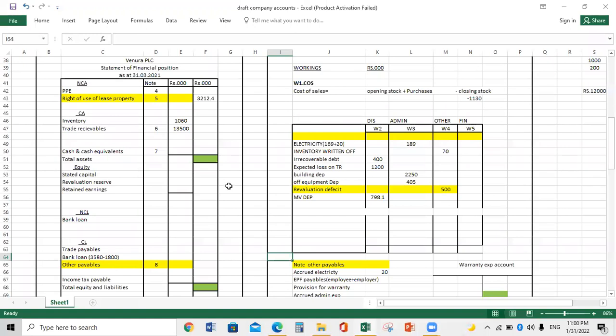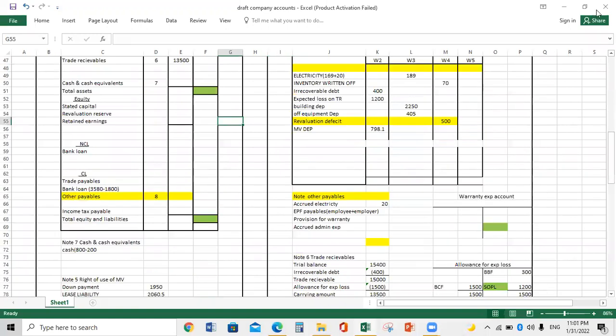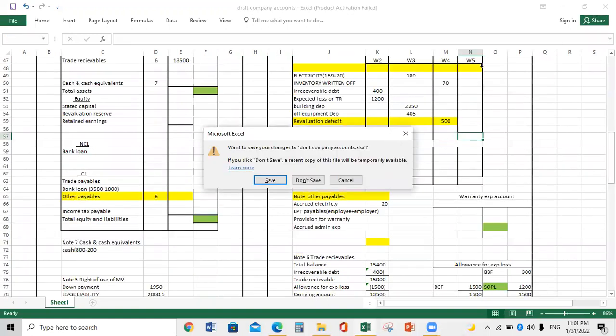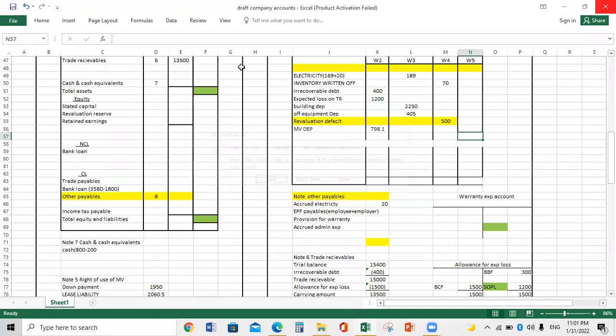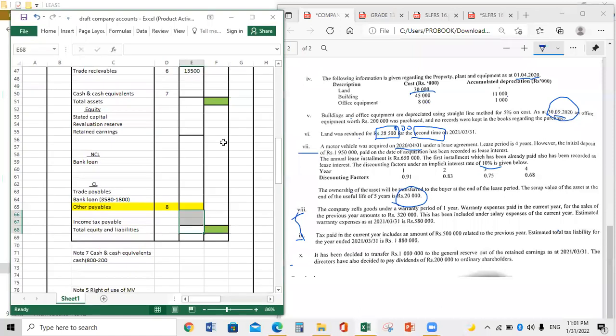Okay. After you're done with that, guys, we still haven't found the interest. Please don't forget that. They say interest is how many percent? 10%. Interest is 10%.